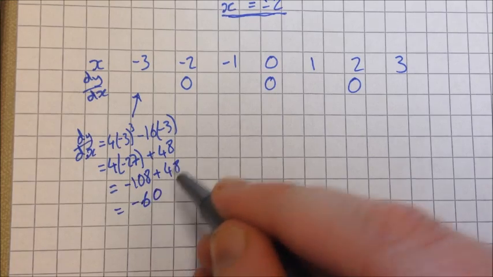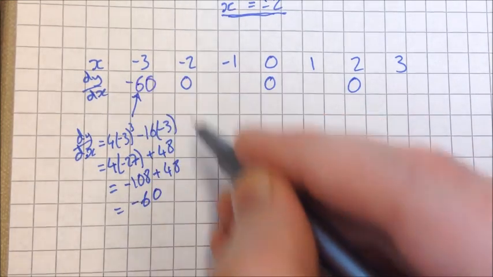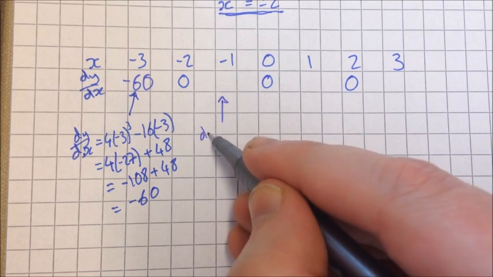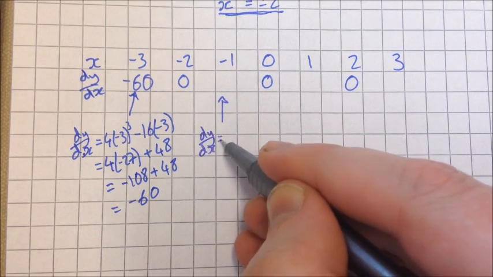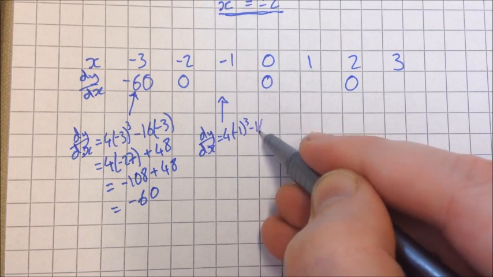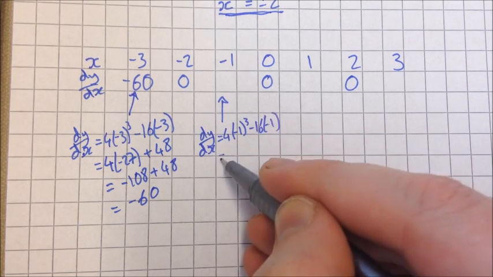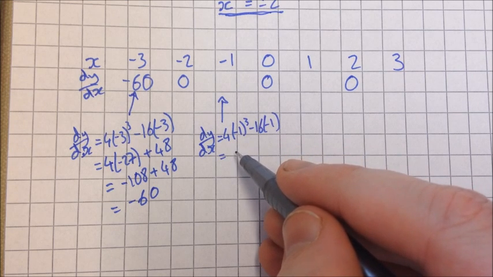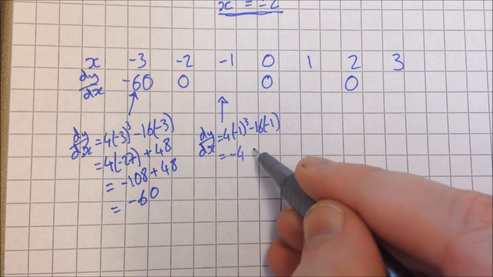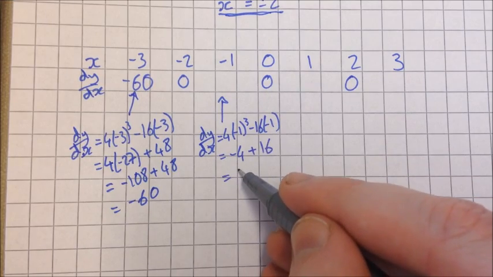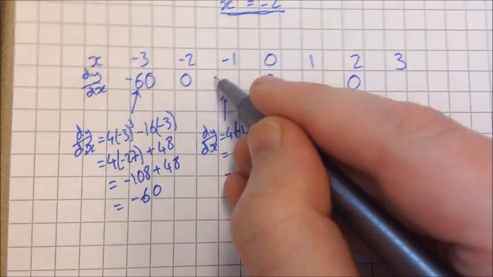That's the most important thing. So that's a -60. This here, this -1, dy dx equals 4 lots of -1 cubed, take away 16 lots of -1. -1 cubed is -1, so that's -4 plus 16, so that is plus 12.